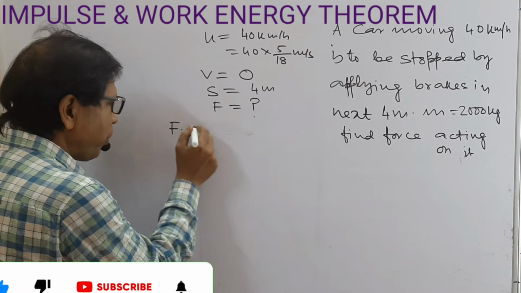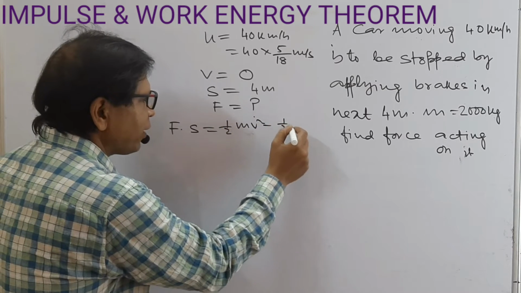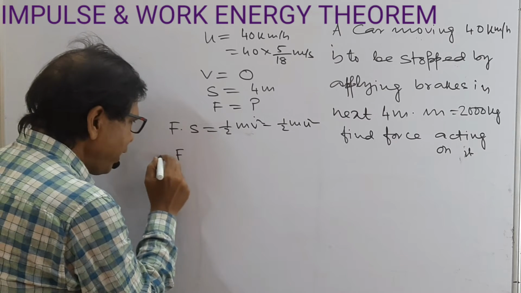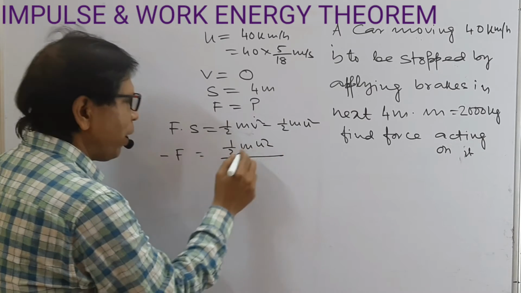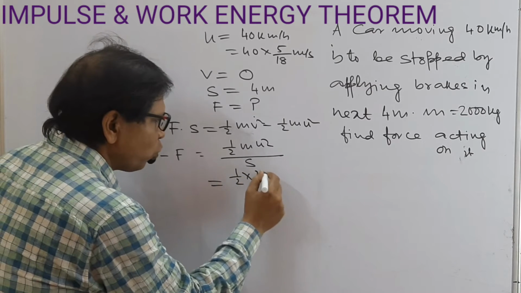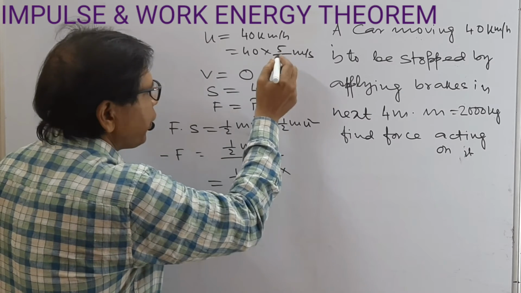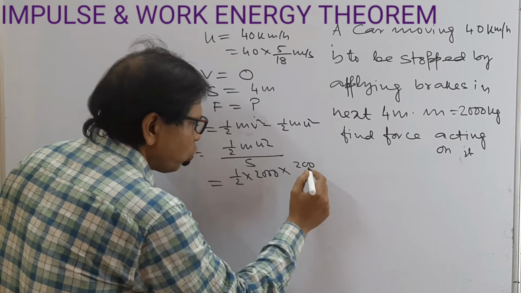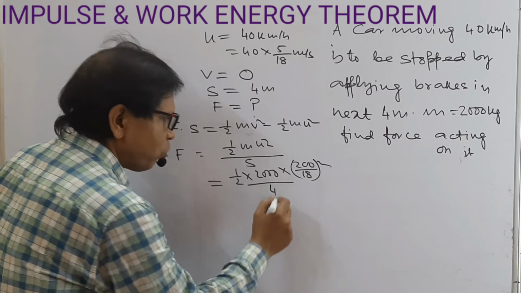Now we have to calculate the resistive force F. From the work energy theorem, Fs equals half mv square minus half mu square. So minus F is equal to half mu square divided by s. Here it is half into 2000 into 200 by 18 square, divided by s, which is 4.